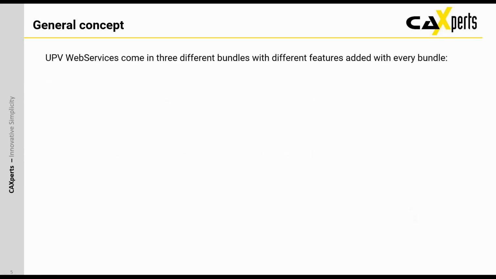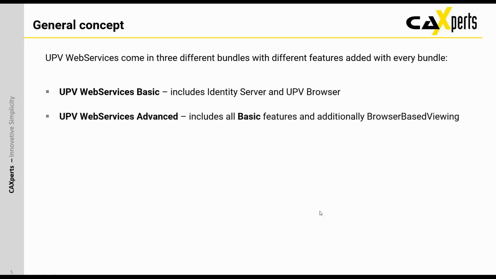So UPV Web Services come in 3 different bundles with different features added with every bundle. First of all, there's the UPV Web Services Basic, including the identity server for authentication, and the UPV browser that's basically providing a platform for model distribution to the local apps. Then the next step would be UPV Web Services Advanced, which includes all of the basic features and additionally the browser-based viewing technology.